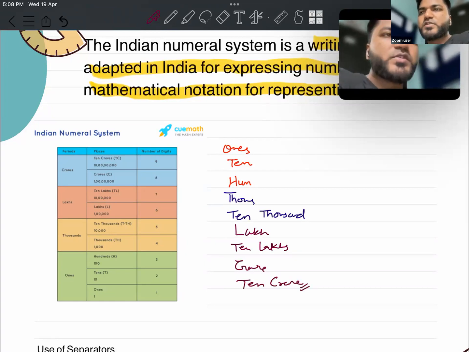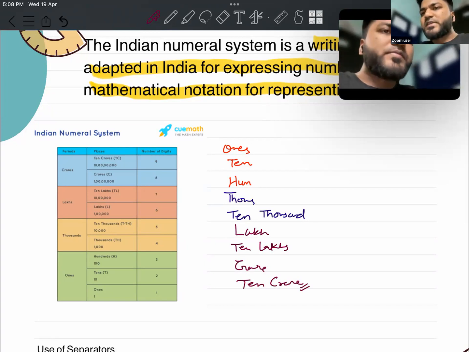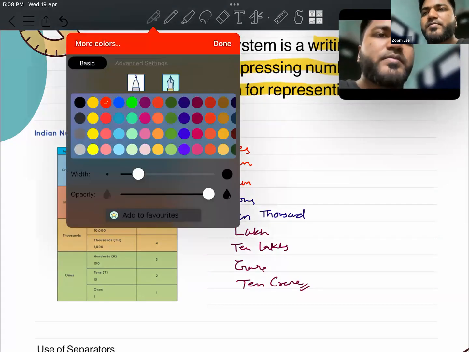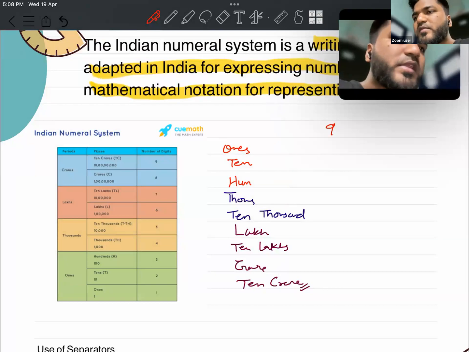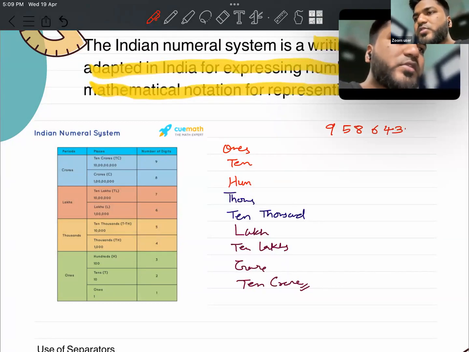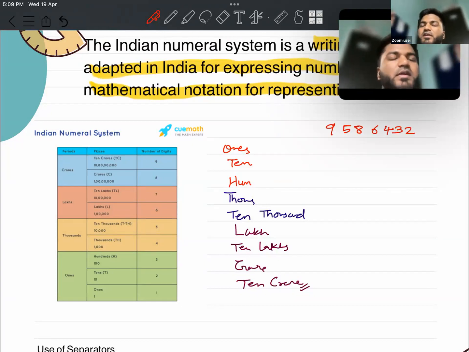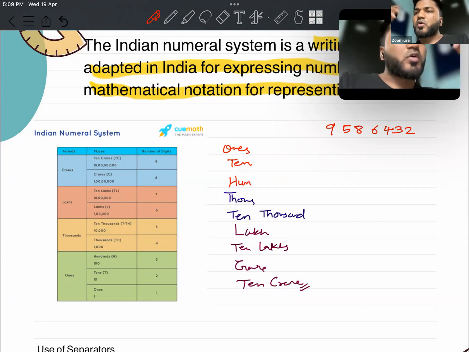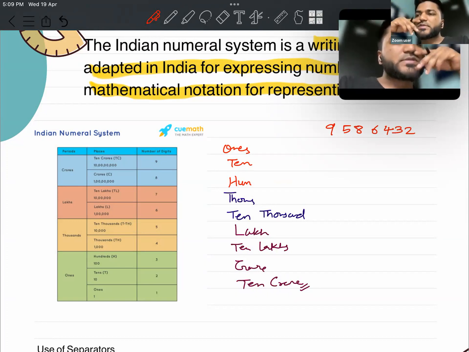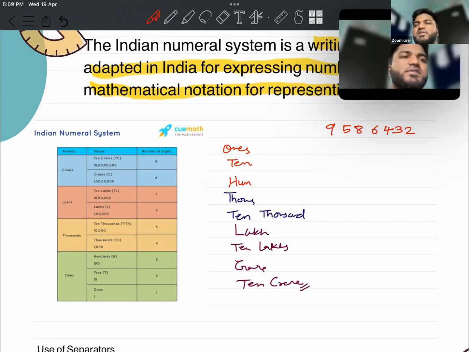Very good. So if I give you a number, let's say I write 9586432. You can notice that I haven't written down the commas. I haven't separated the numbers. Can you pronounce its name?